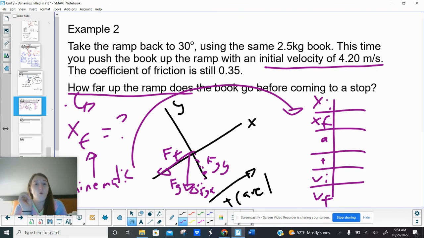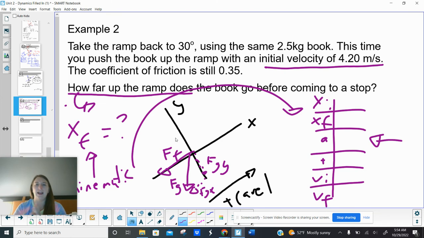This was a Jeopardy question. What do I have to know before I can do any of those big 3 kinematic equations? We have to know A. So when I'm dealing with forces, I can find A in F net, right? Because F net equals MA. So we're still going to just do F net equals MA, get A and then go from there.